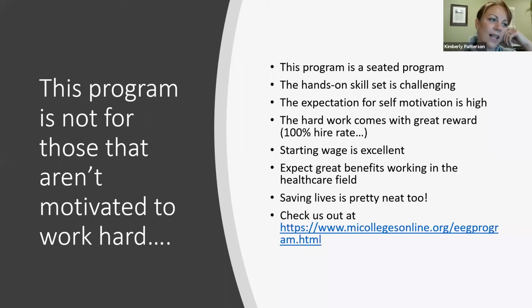Of course, saving lives is pretty neat. I gotta say, in our world, we work with a lot of patients that have epilepsy. We see a lot of seizures. Our job is to recognize those seizures. Sometimes our patients are having a seizure that actually isn't ending.